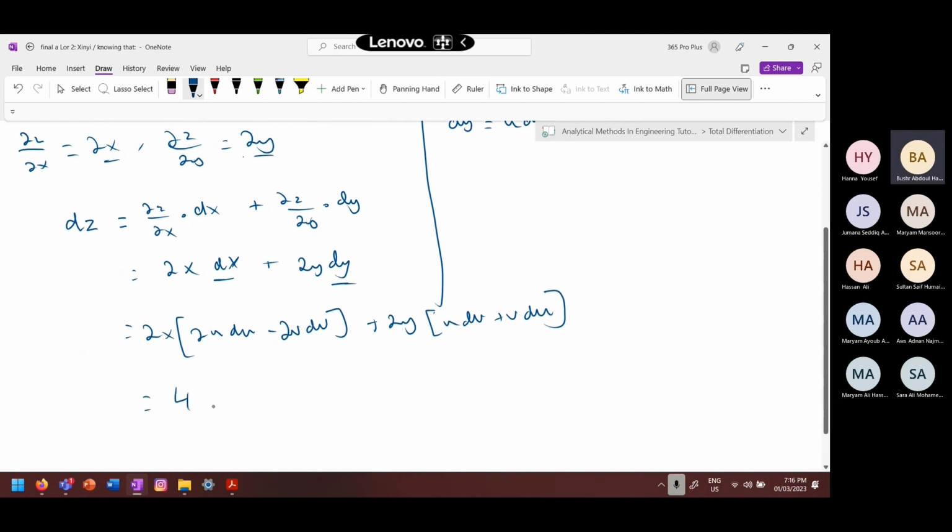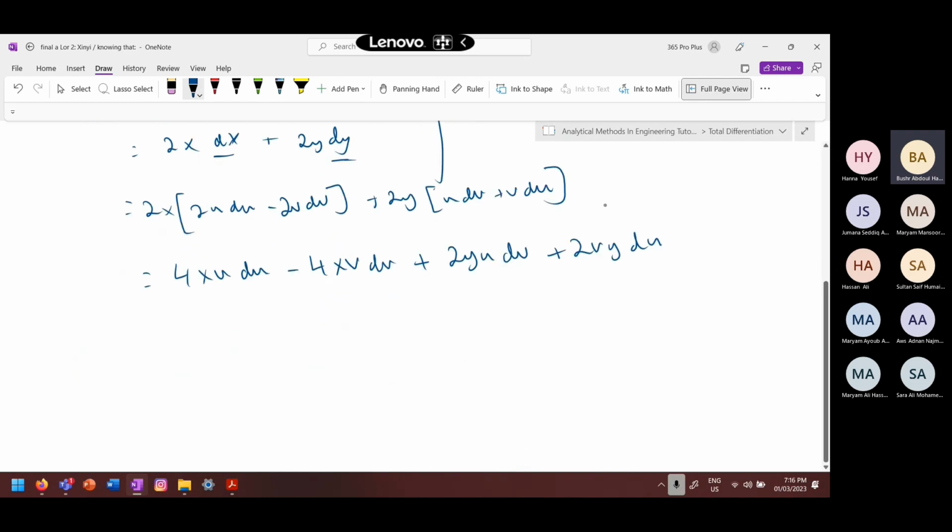You will have 4xu du minus 4xv dv plus 2yu dv plus 2vy du. You just gather up the values with the du on a side and the dv on a side.